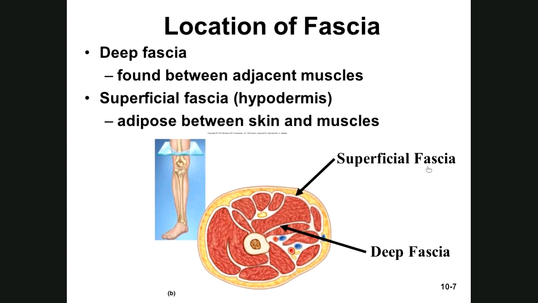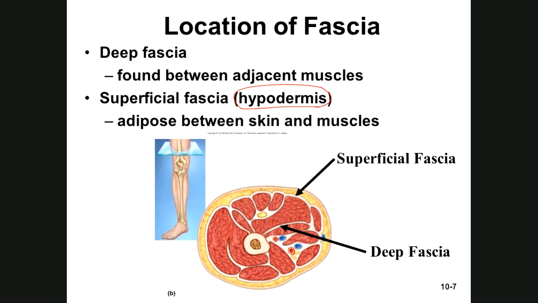The superficial fascia is the adipose tissue and areolar tissue which can connect the muscle, the group of muscles, to the skin. Actually, the superficial fascia is our hypodermis. Do you remember your skin is divided into epidermis, dermis, and hypodermis?